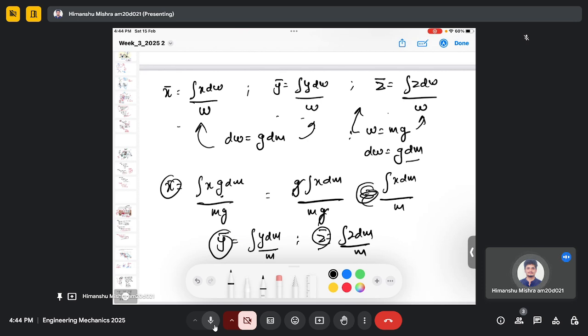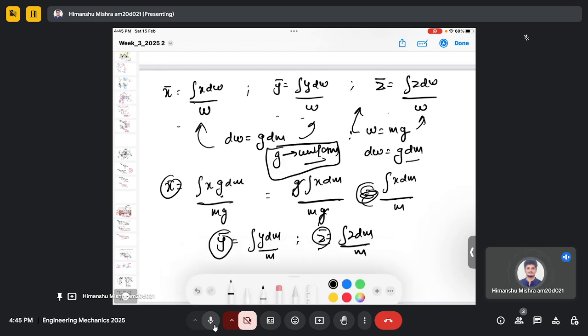So you can see that if g is uniform and you neglect the variation of g, then center of mass and center of gravity are the same thing. But if g is not uniform, if g is varying in spatial direction, then you cannot put this g out of the integral. You have to consider g inside the integral.